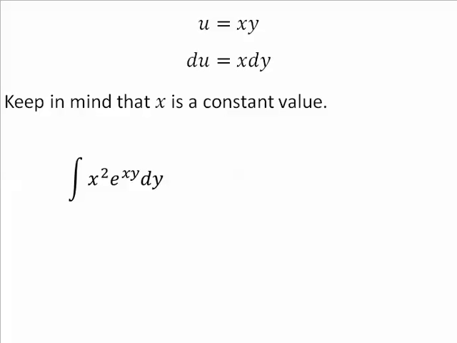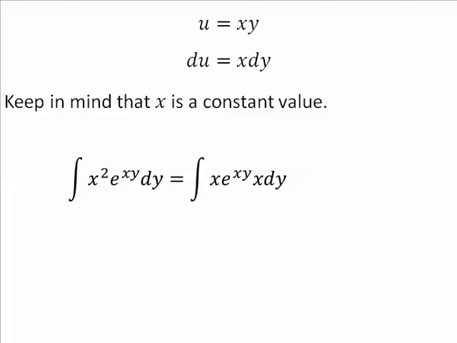It's not a variable, it's a number, like 5. So I'm going to break x squared up into x times x, and then bring one of the x's over near the dy. Now I have x dy, and that's going to be my du.